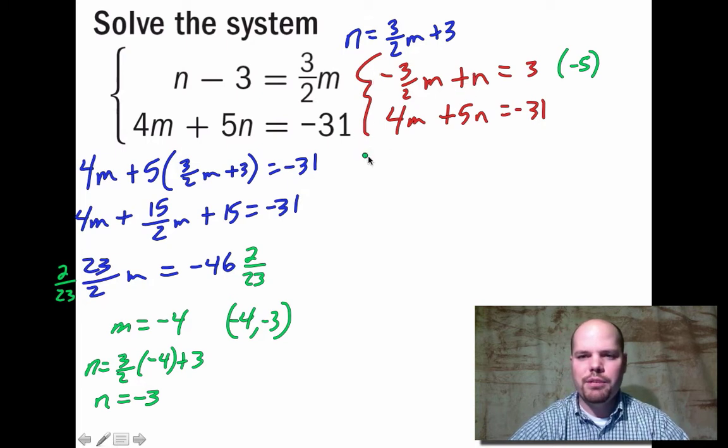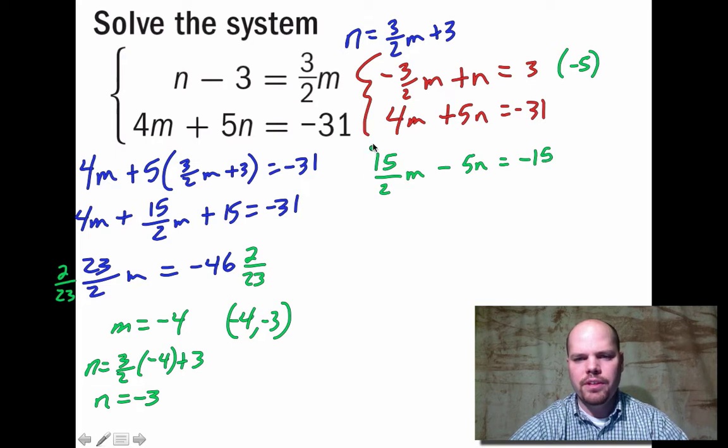So this is going to be a positive 15 halves m minus 5n equals negative 15. The bottom one won't change: 4m plus 5n equals negative 31.